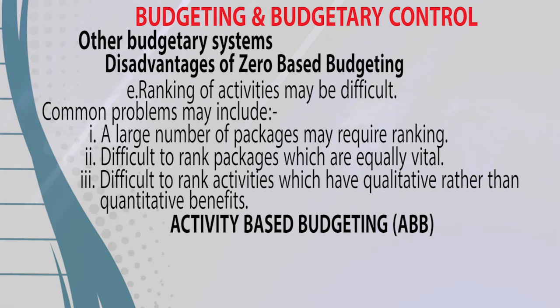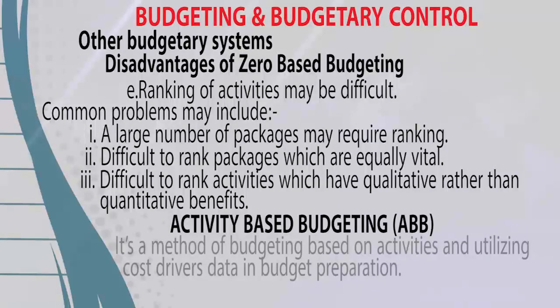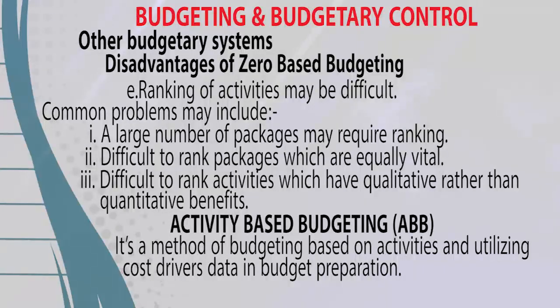Activity-based budgeting, ABB. Now, it is the use of cost determined using ABB as a basis of preparing budgets. It is a method of budgeting based on activities and utilizing cost drivers data in budget preparation.